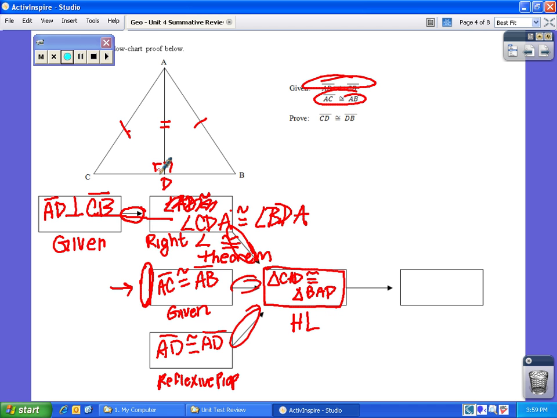Because it's a right triangle, we know that the hypotenuse and a leg of one right triangle are congruent to the corresponding hypotenuse and leg of the other right triangle. Lastly, I can say that CD is congruent to DB, and the reason is because corresponding parts of congruent triangles are congruent.